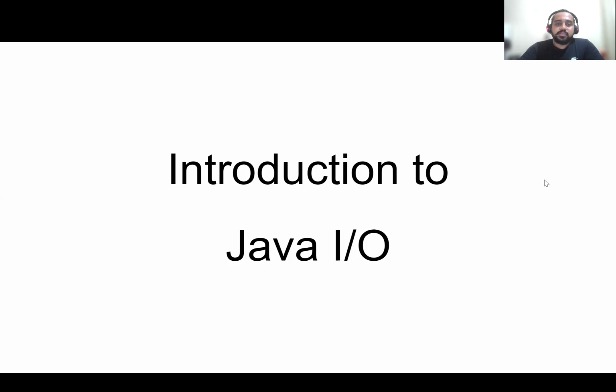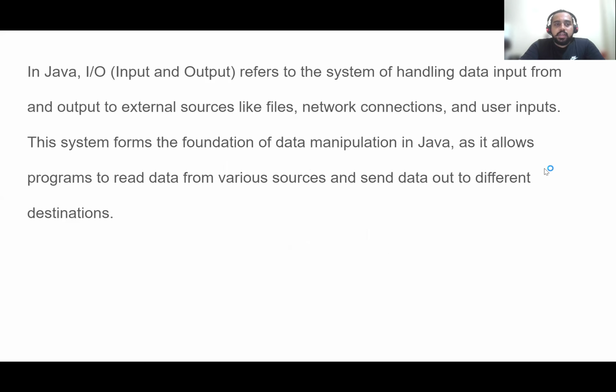So let's start. What do we mean by Java IO, guys? IO stands for input and output. Java IO refers to the system of handling data input and output to external sources like files, network connections, and user inputs.